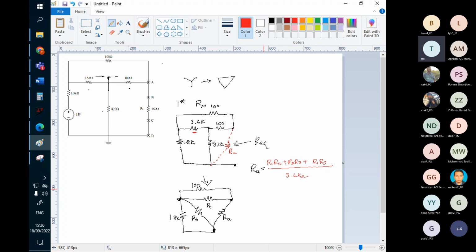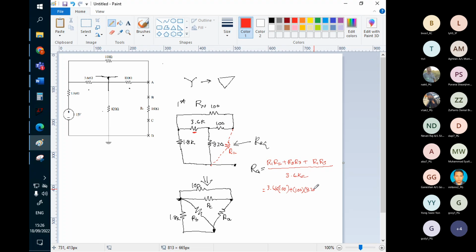So if you want to fill all in, it becomes R1. Which one is our R1? R1 is here, 3.6K, multiplied by R2. R2 here is 100, plus 100 multiplied by R3.